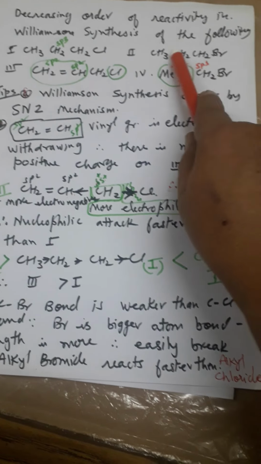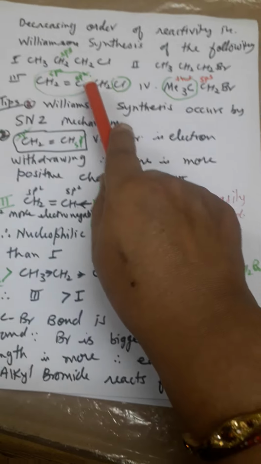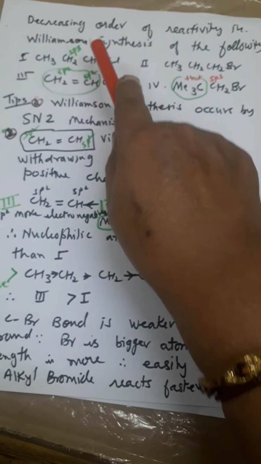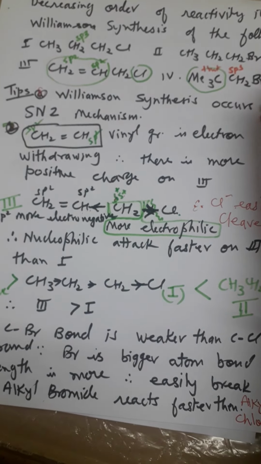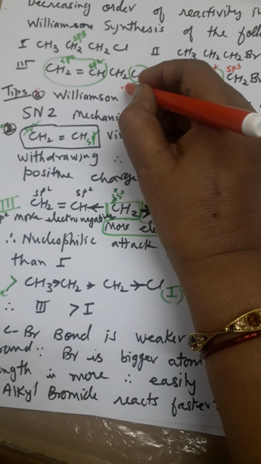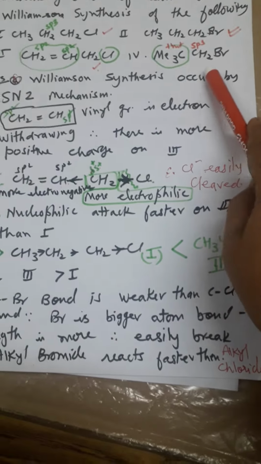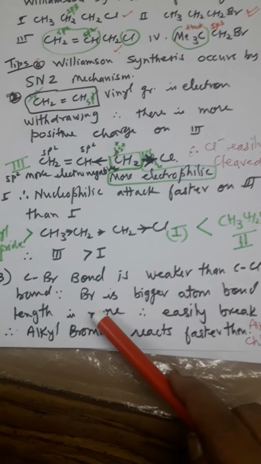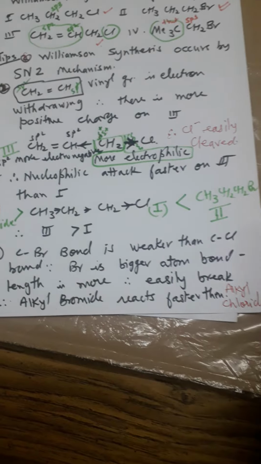This is 1-bromopropane. It does faster synthesis as compared to this and then this. So the best one is bromo, then allyl, then chloro. Now why have I not discussed this? Now I will discuss. Here I have written all the points. You take a screenshot of it, and then you will proceed.